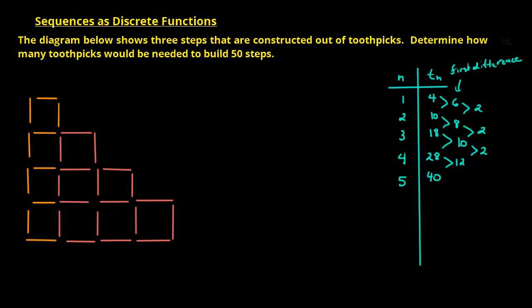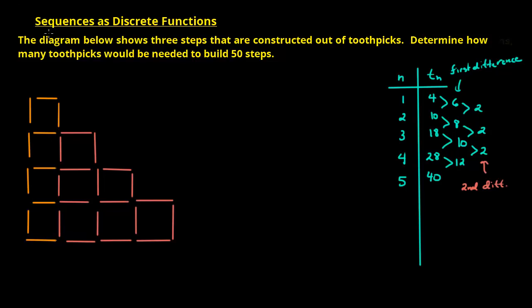And these are called the second differences. The third differences would be if I would have calculated 2 minus 2, which is 0, 2 minus 2, which is 0. That would have been the third differences, but that's not required here because we can see that the second differences are constant.